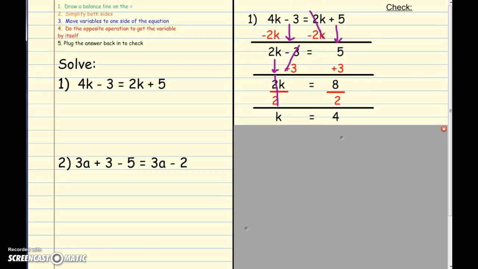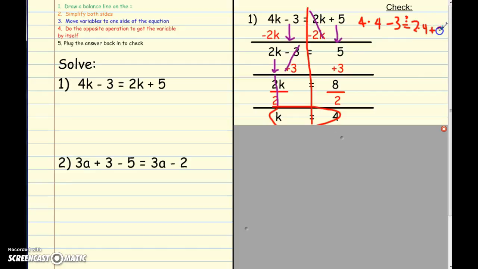One thing I want you to notice, and I didn't do this right away, is this line straight down. I try to keep the equal signs stacked on top of each other to keep everything in balance. Also, as we've talked about a few times, take this answer and plug it back into the original equation. So I'm going to see if 4 times 4 minus 3 really is equal to 2 times 4 plus 5.